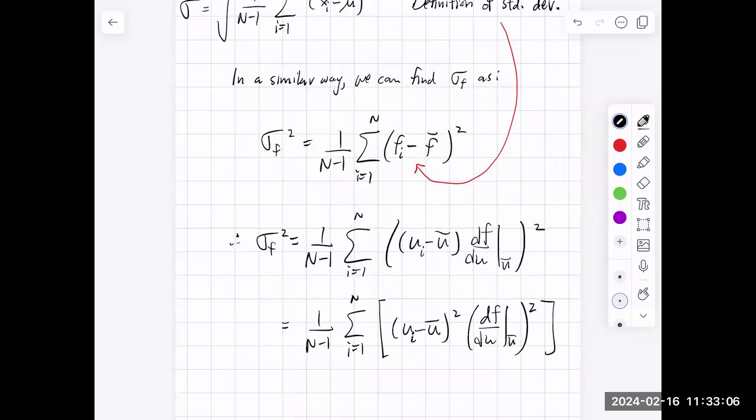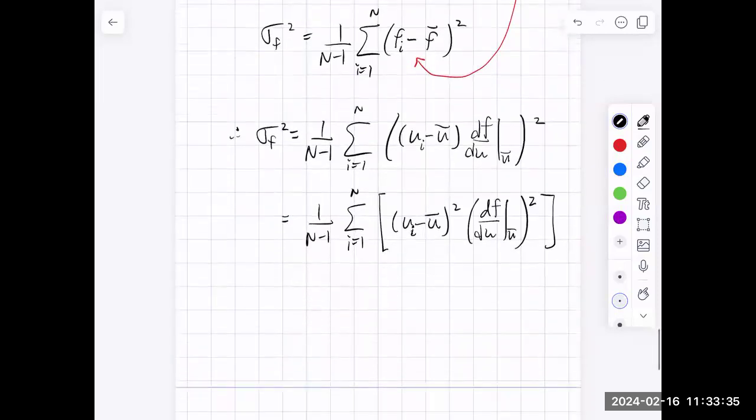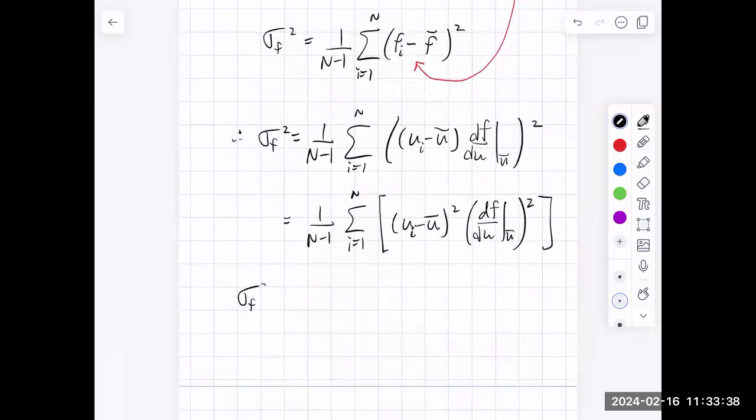Now, what's interesting about this is that this is a sum over i, but only this first factor involves anything to do with i. This is just some function, we take a derivative and we evaluate it at some specific point. It doesn't depend on the individual measurements, it just depends on the average of all of the measurements. So the sum is acting only on that first term. So we could write this as sigma f squared, emphasizing that this is independent of i.